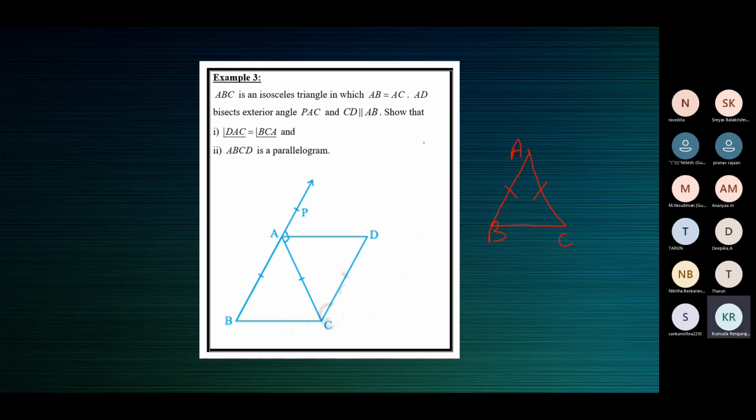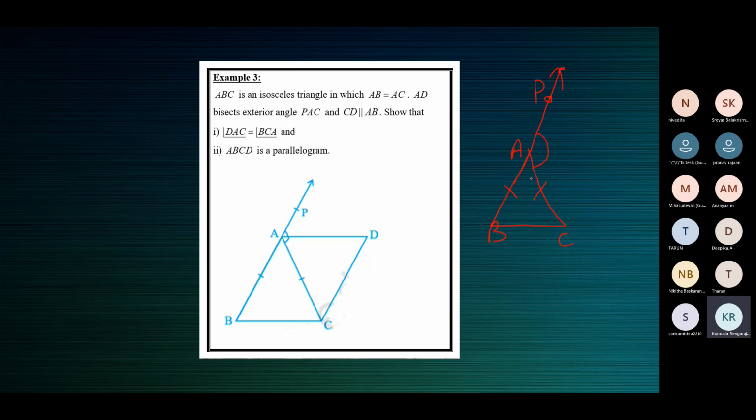You can see it here, AD. AD bisects exterior angle PAC. This is AC. Exterior angle PAC means the side BA is produced to a point P, and the exterior angle PAC is formed.